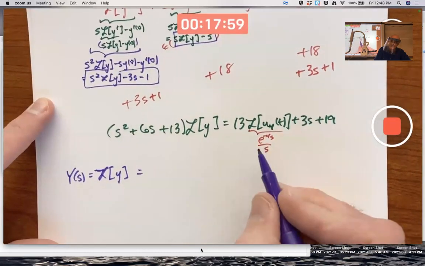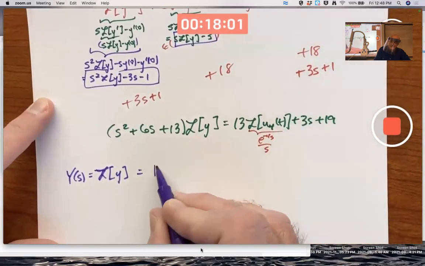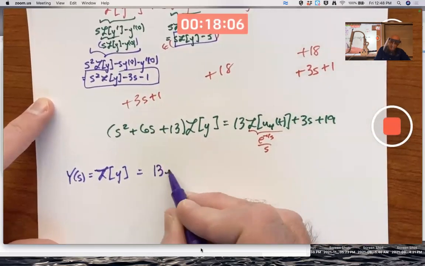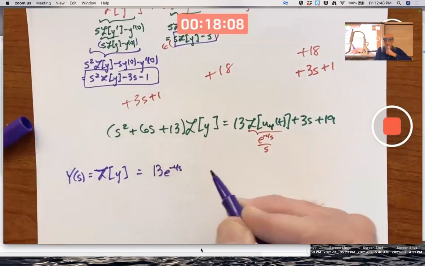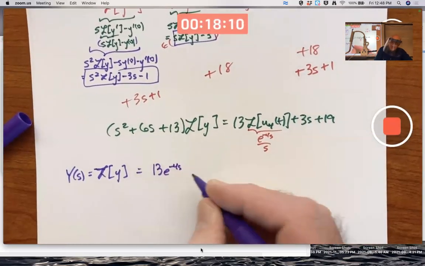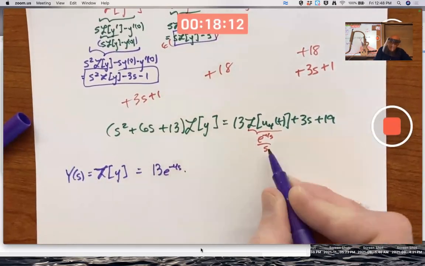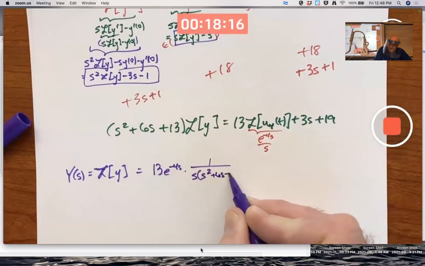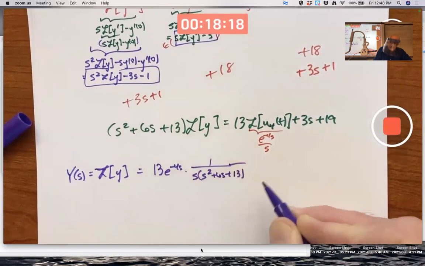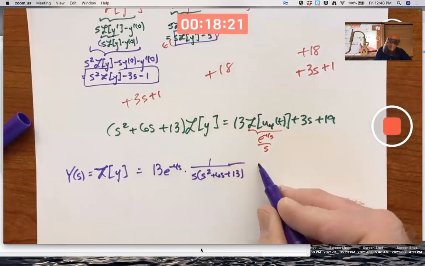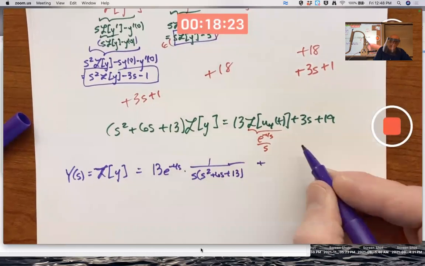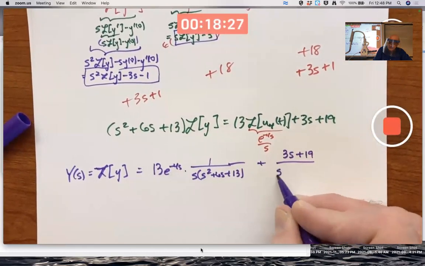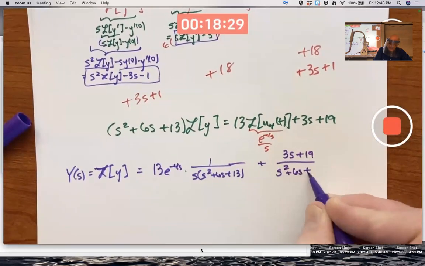So here we get, just leave the 13 out in the front, 13 times, I'm going to bring the e to the negative 4s out in the front as well, e to the negative 4s times 1 over s times s squared plus 6s plus 13. And then don't forget about this term over here, plus 3s plus 19 over what I divided by, s squared plus 6s plus 13.